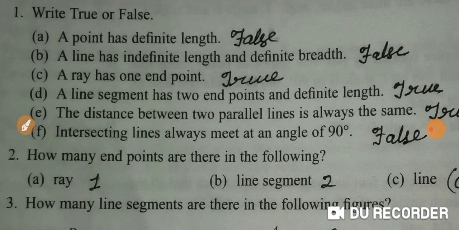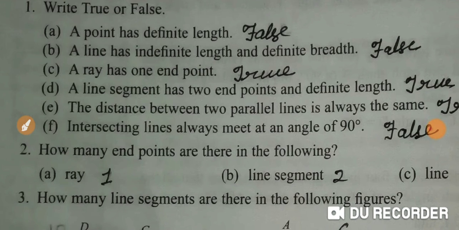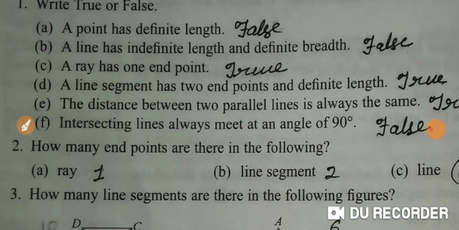Next, is it that the distance between two parallel lines is always the same? Yes, it is true. Now, intersecting lines always meet at an angle of 90 degrees. No, students, it is false because they can meet at any angle.